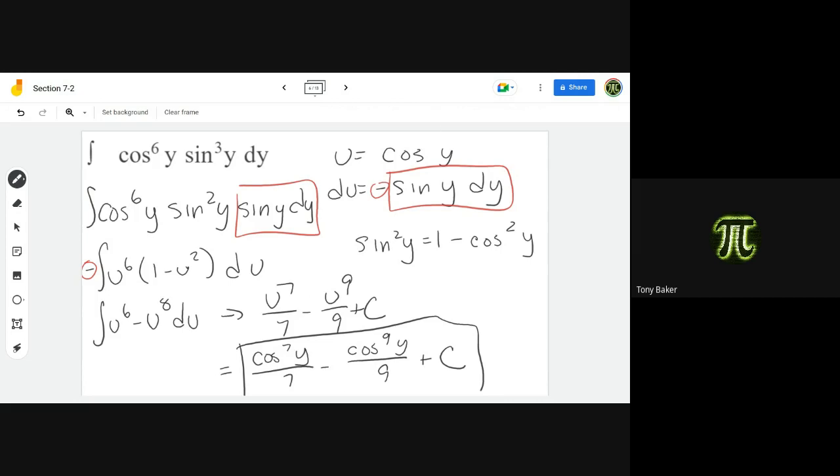Why is it u to the 8? U to the 6 times u squared. Distribute the u to the 6th.